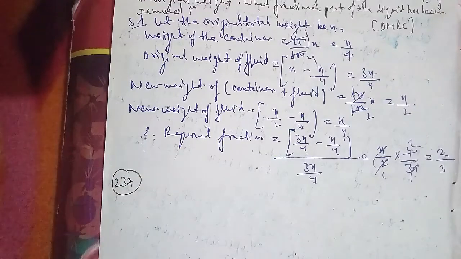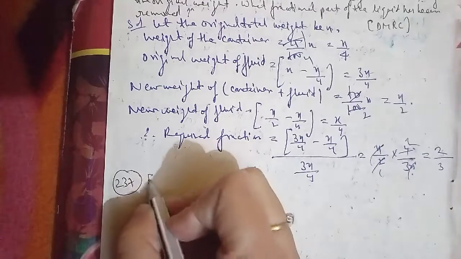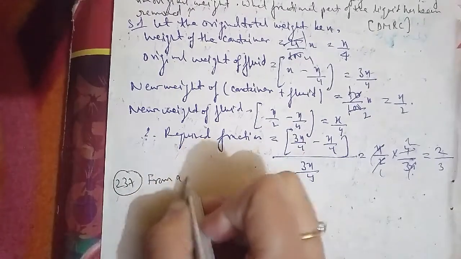From a container having pure milk, 20% is replaced by water and the process is repeated thrice.